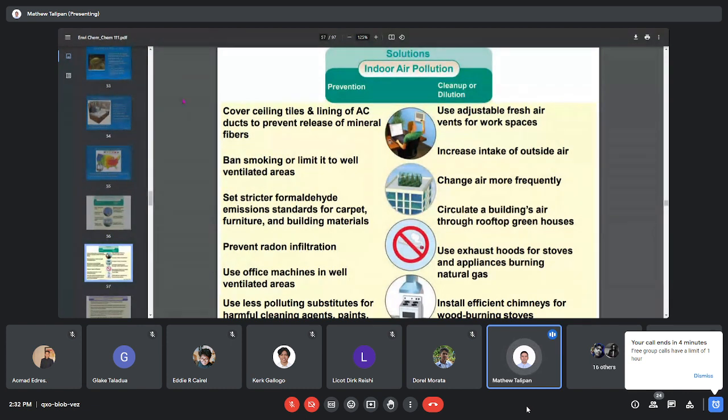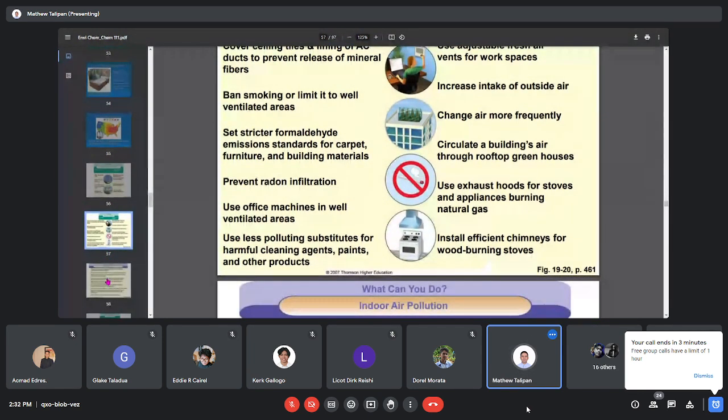Some methods are proper ventilation, and then we can use plants. There are plants that can remove some of these toxic pollutants inside our homes. Try to check which indoor plants are locally available, which can sequester some of the harmful pollutants inside our homes, and of course generate oxygen.